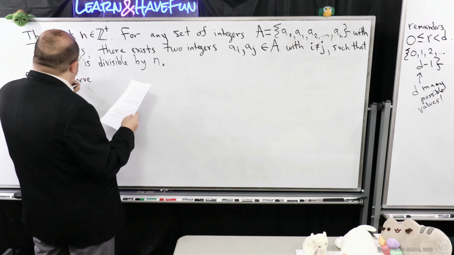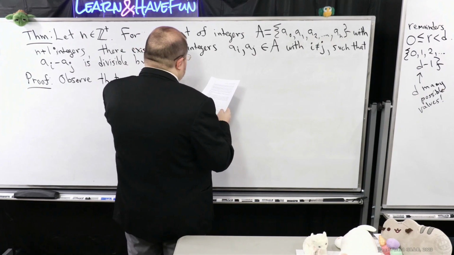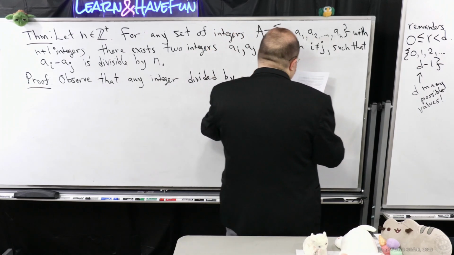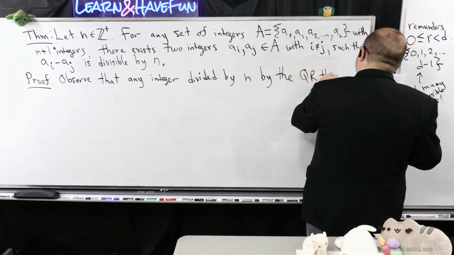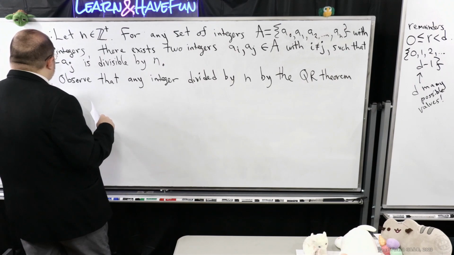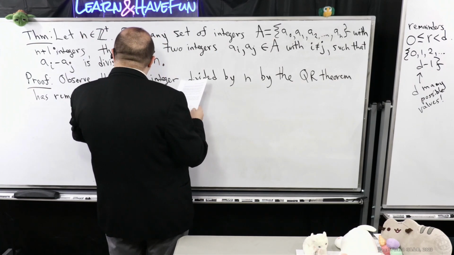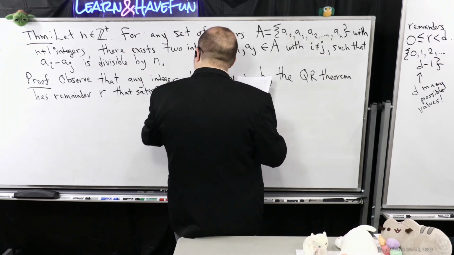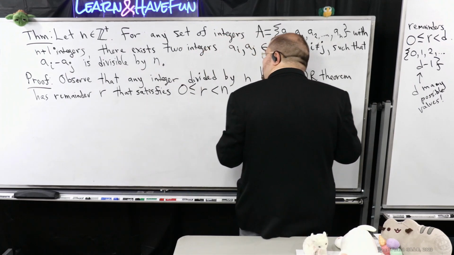Observe that any integer divided by n, by the QR theorem, has remainder r that satisfies 0 ≤ r < n, because that's what d is.